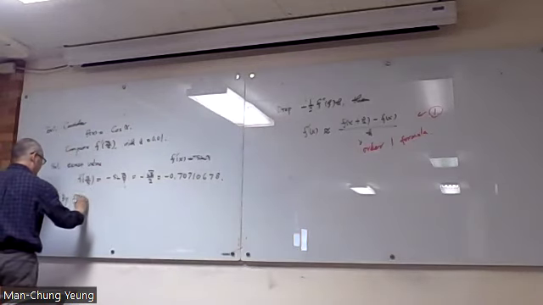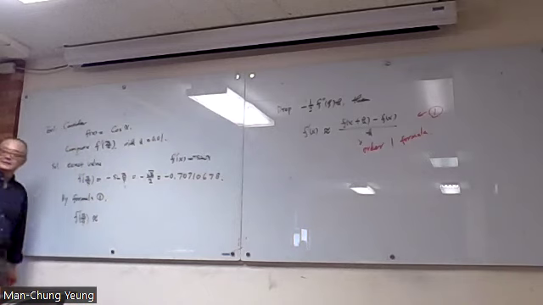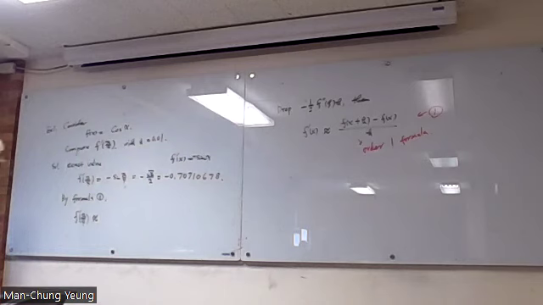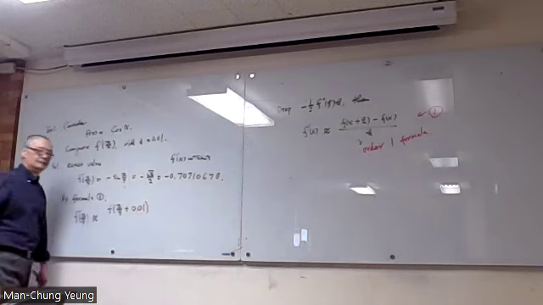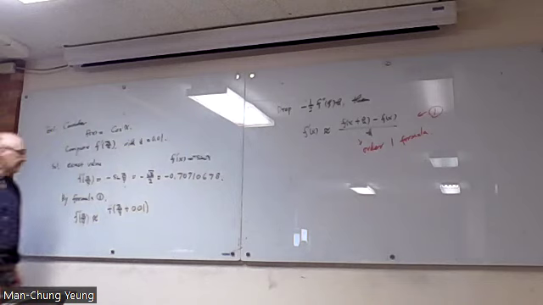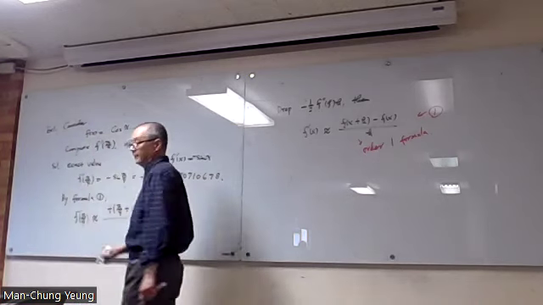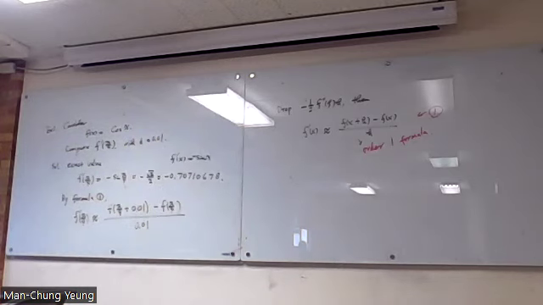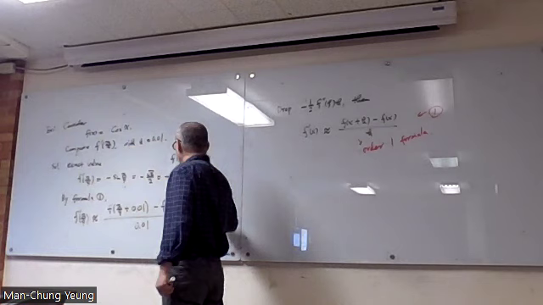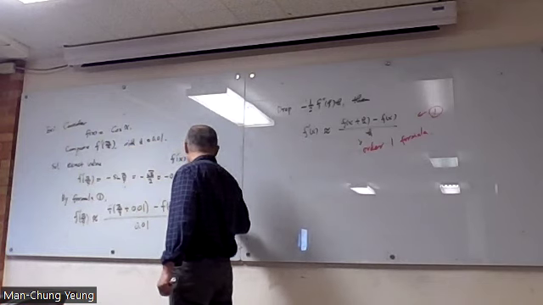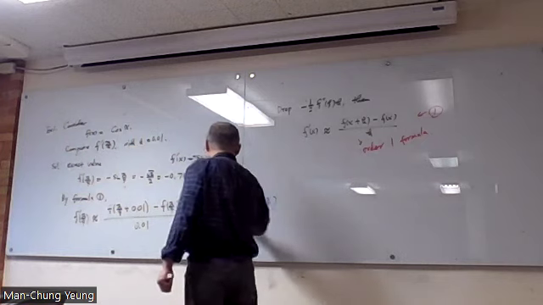By formula 1, the derivative is roughly the function value at pi over 4 plus h, with h equal to 0.01, minus the function value at pi over 4, over 0.01. The function is cosine, so it is cosine of pi over 4 plus 0.01 minus cosine of pi over 4, over 0.01.